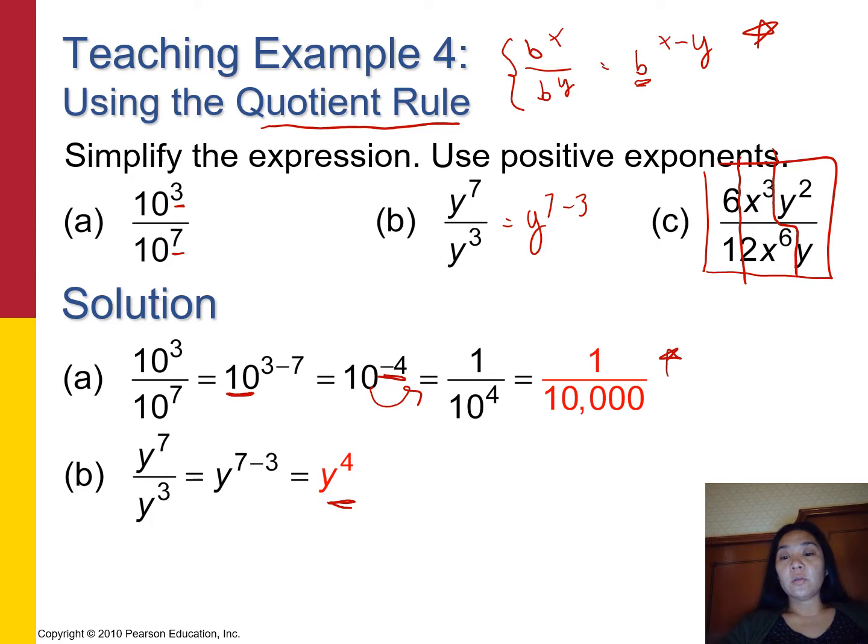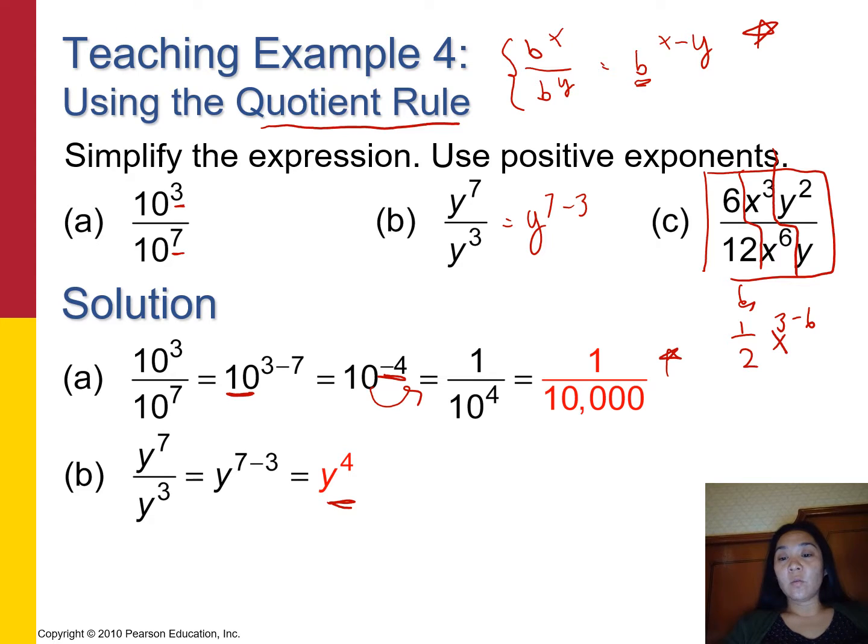Okay, so this is 6. 6 divided by 12 is 1/2, right? 1 over 2. X to the third power over x to the sixth power is x to the 3 minus 6.